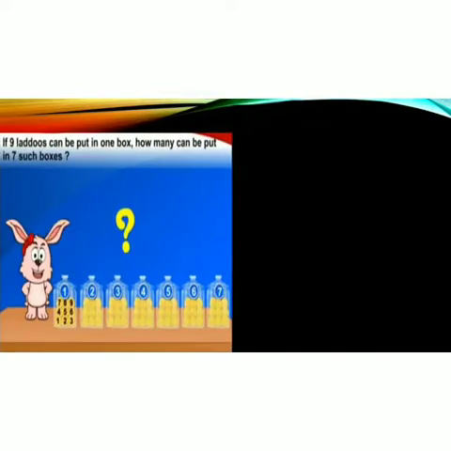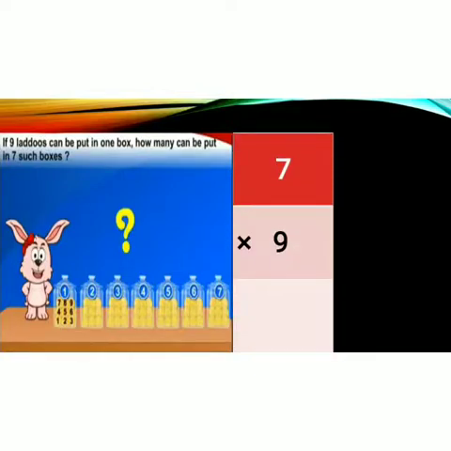Now, next example, if 9 laddus can be put in one box, how many can be put in 7 such boxes? Again we have to do multiplication here. Now, we have to multiply 7 and 9. 7 multiplied by 9. The given numbers you have to multiply.